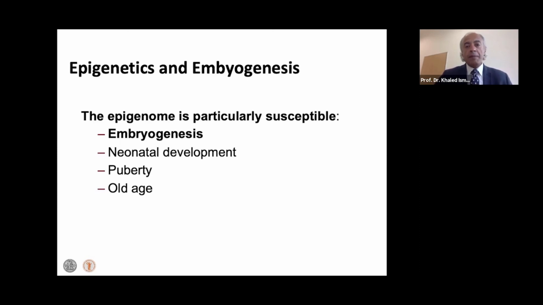There is also some epigenetic modification that can happen during neonatal development, around the time of puberty, and a lot of changes happen at old age. In fact, one of the very strong mechanisms behind the reason for aging that happens to all of us, unfortunately, is epigenetic.